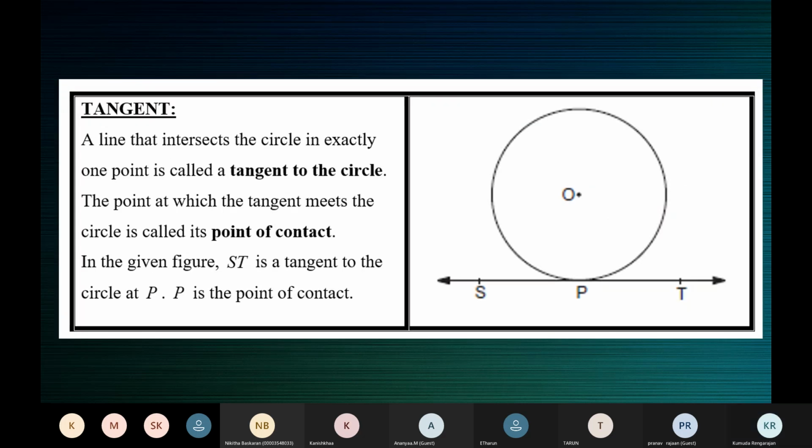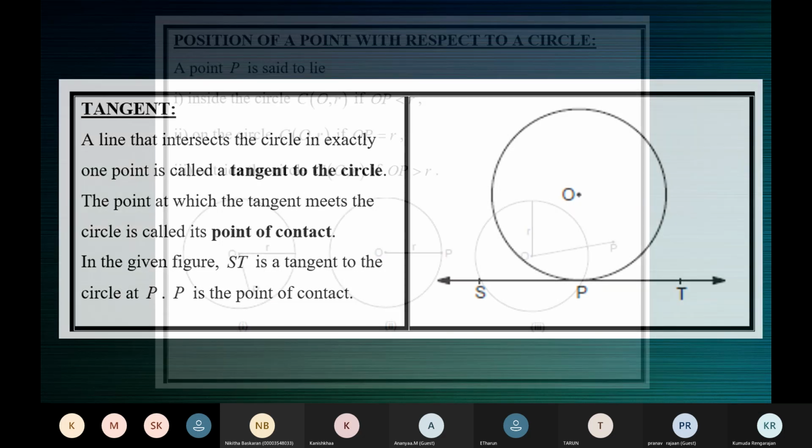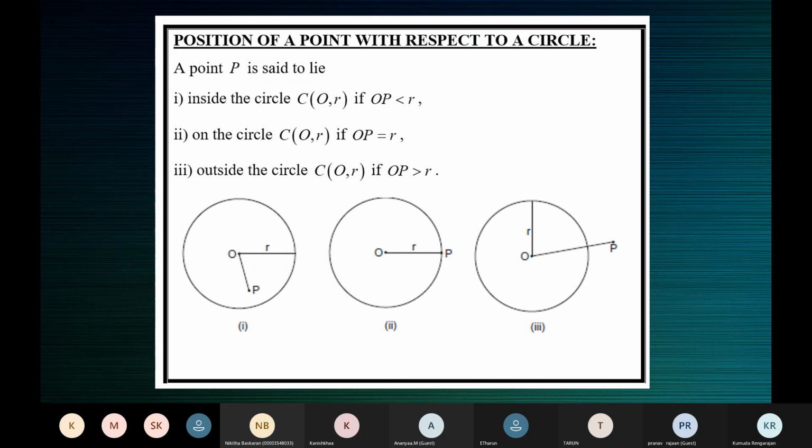Tangent. Position of a point with respect to a circle.